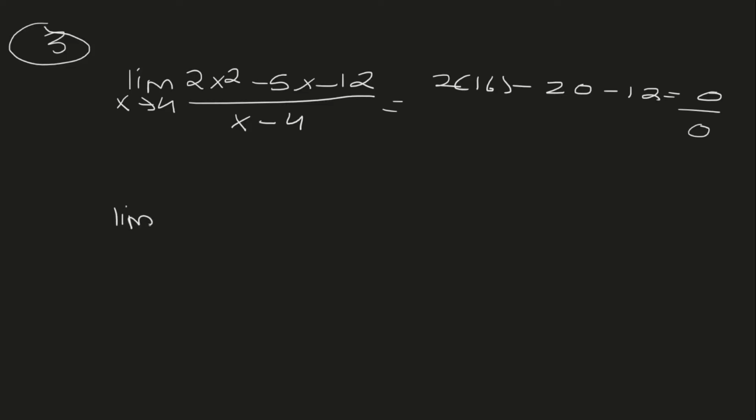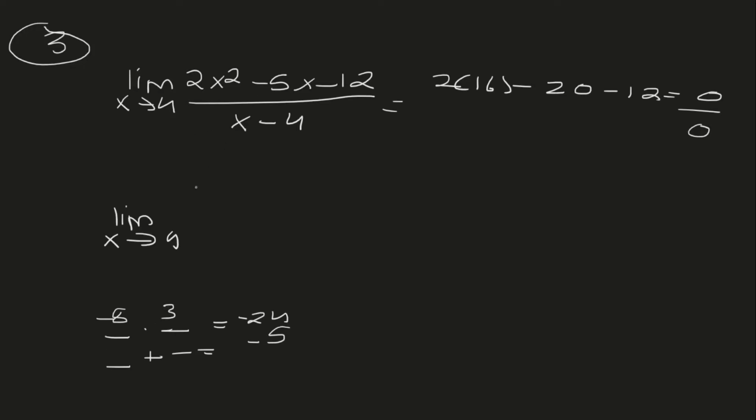This is going to be a tough one to factor. So what times what equals 2 times negative 12, so 24. What plus what equals negative 5. 8, negative 8, and 3.